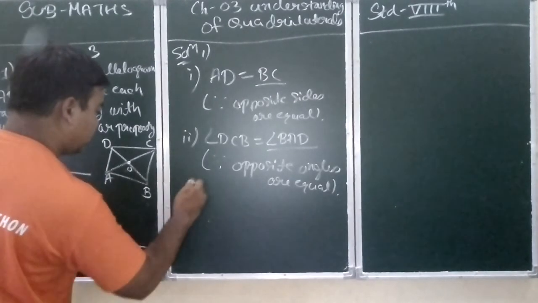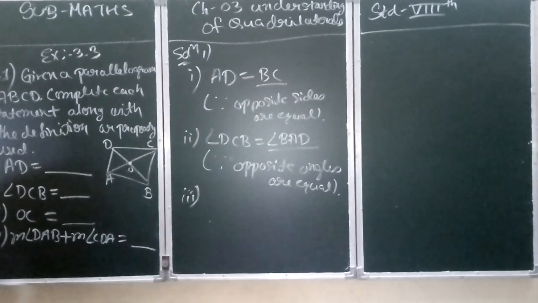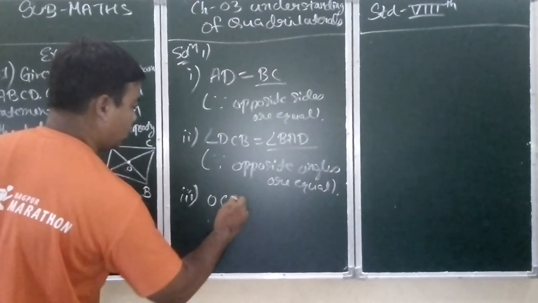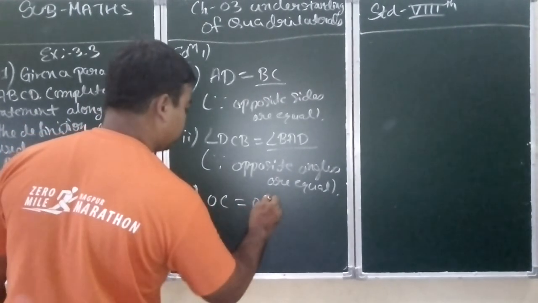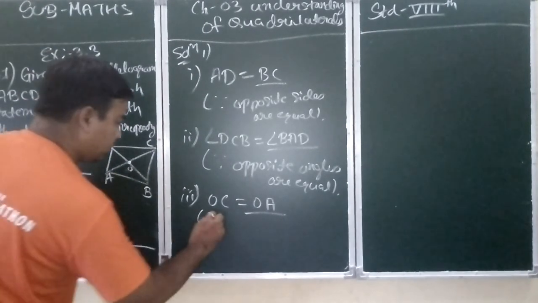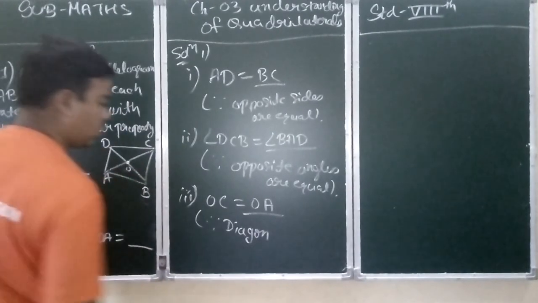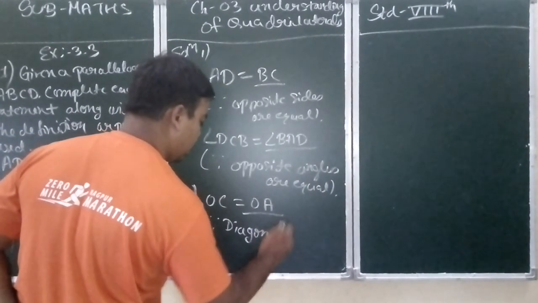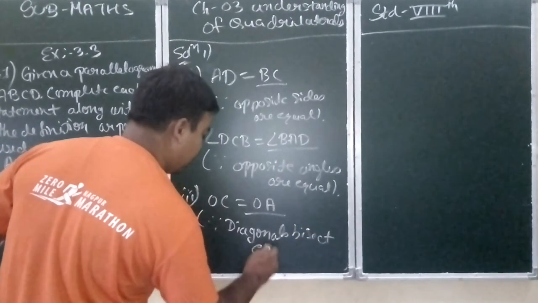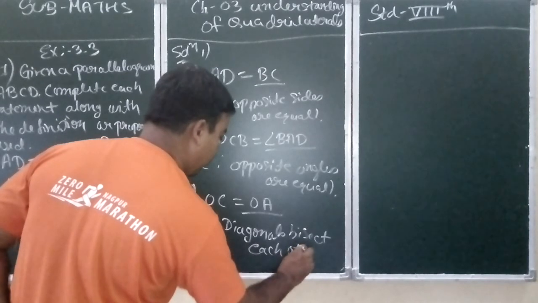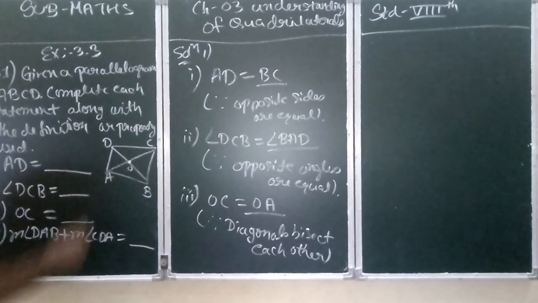Then third, OC is equal to OA, because diagonals bisect each other.